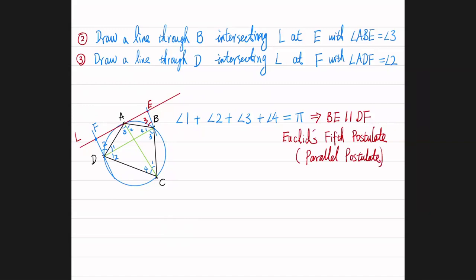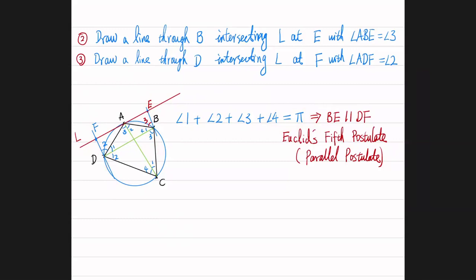If the summation of these two angles is 180, the two lines must be parallel. Okay, this is the big step.